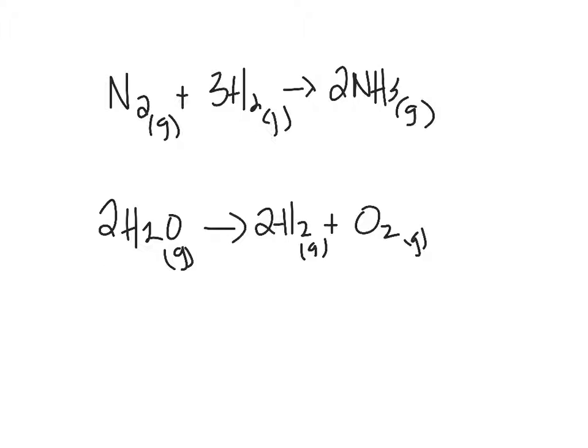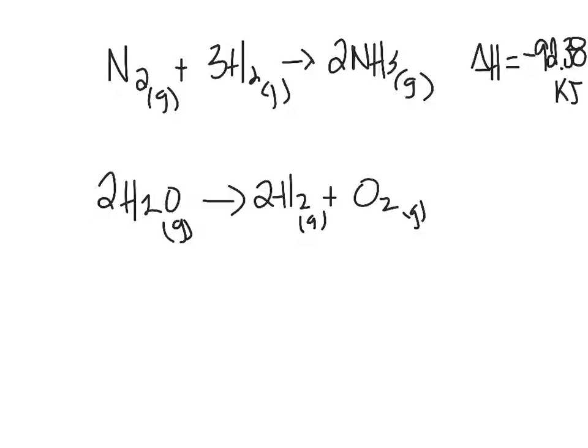NH3, and then delta HR equals negative 92.3 kilojoules. Yeah. Well done. Now, Nikita, what'd you do for the second one? 2H2O plus 483.6 kilojoules. Reaction equals 2H2O. Yep.